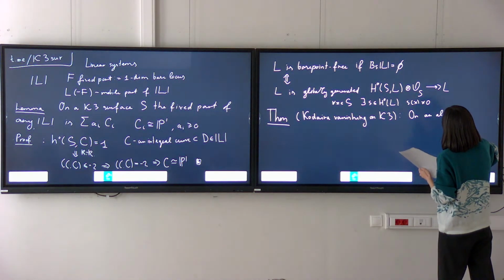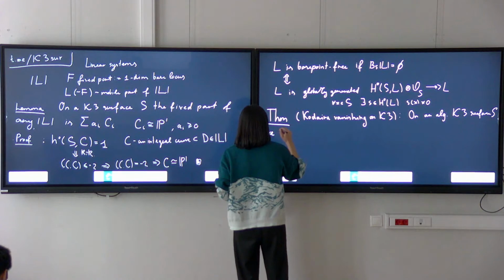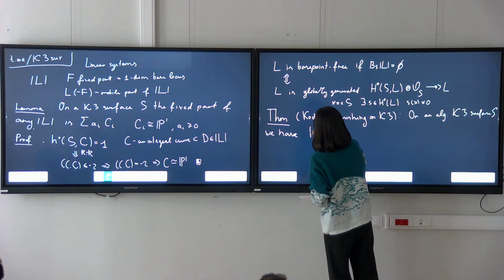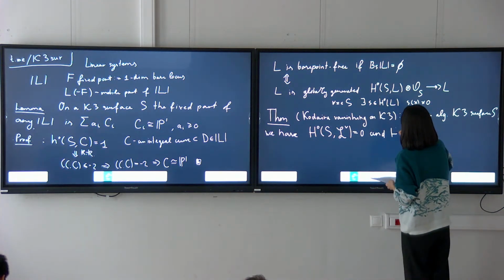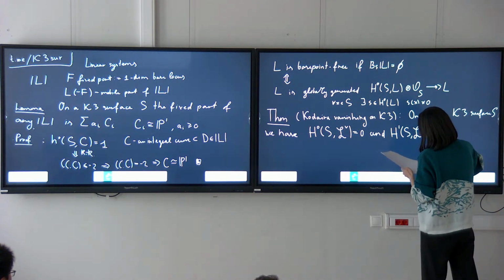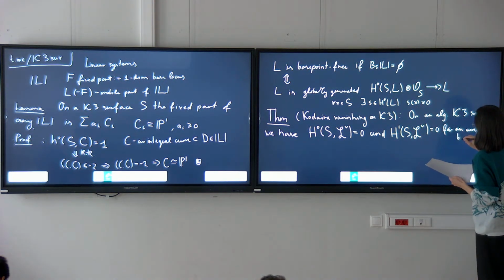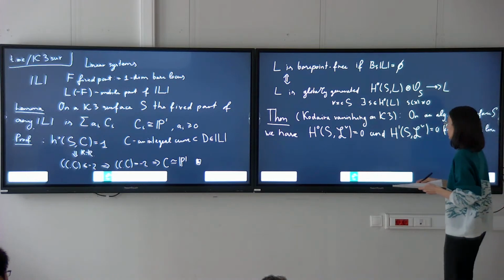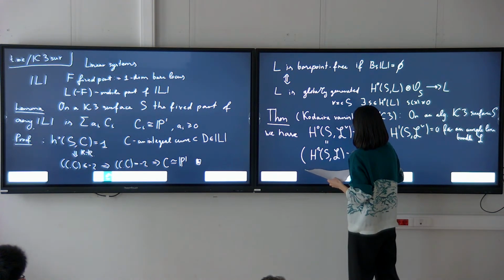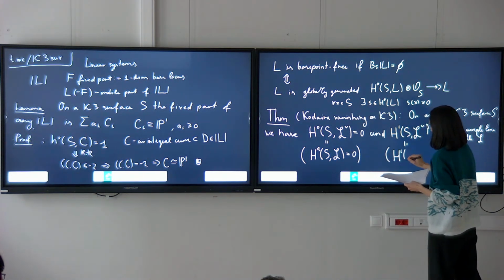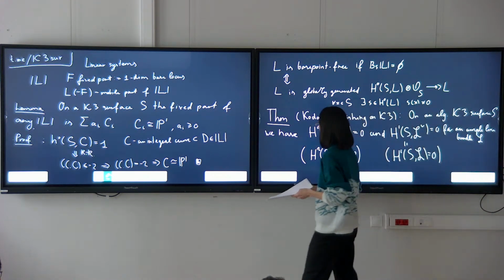On an algebraic K3 surface we have the following vanishing: H^0(S, L^{-1}) = 0 and H^1(S, L^{-1}) = 0 for an ample line bundle L. Before, we used this in a form that just follows from Serre duality on a K3 surface, but it immediately follows from this and Serre duality.